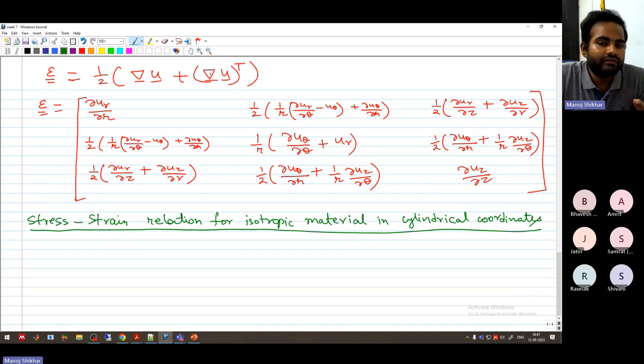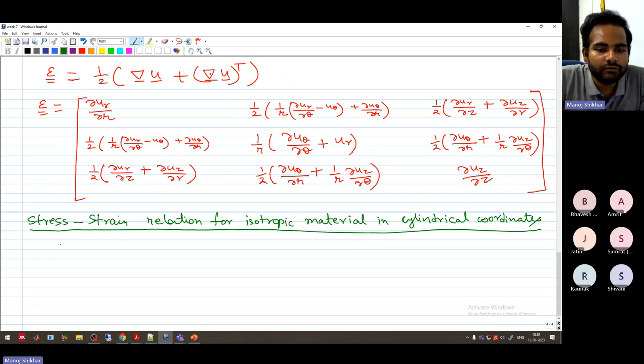Whether you're working with the E1, E2, E3 rectangular coordinate system, or with the ER, E theta, EZ coordinate system, as long as we have three mutually perpendicular axes, the relation between the stress and strain will not change. Here also ER, E theta and EZ are mutually perpendicular to each other, as E1, E2, E3 were. So the relations between stress and strain for an isotropic material will remain the same.